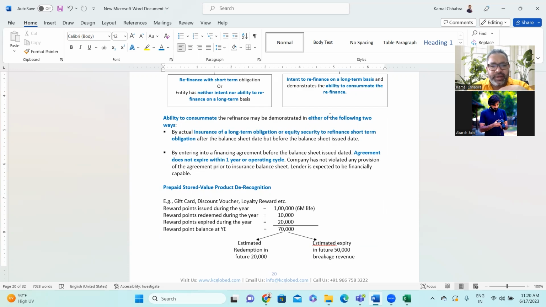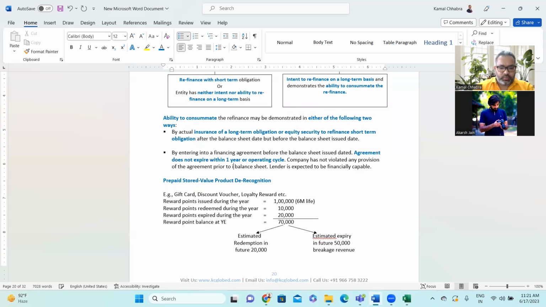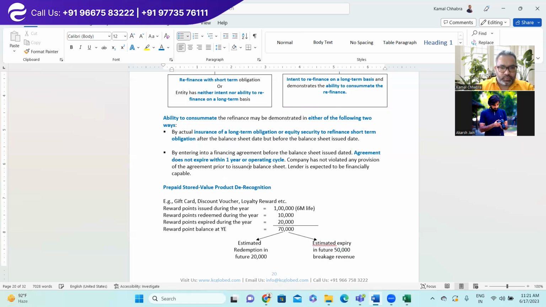Second is by entering into a financing agreement before the balance sheet issuance date. The agreement does not expire within 1 year or operating cycle, the company has not violated any provision of the agreement prior to the issuance of the balance sheet, and the lender is expected to be financially capable to deal with it.